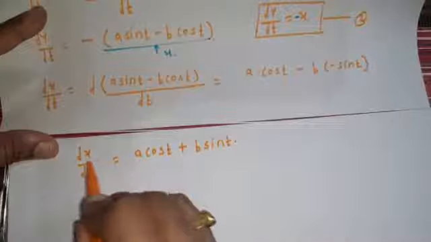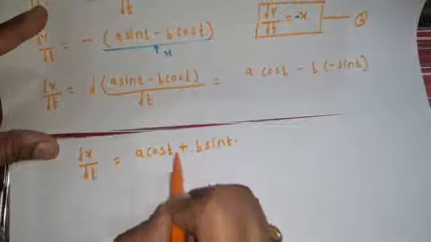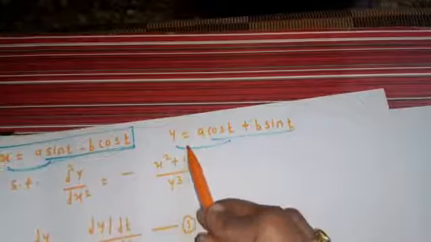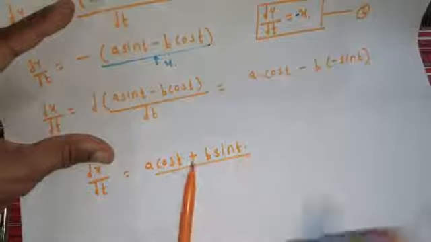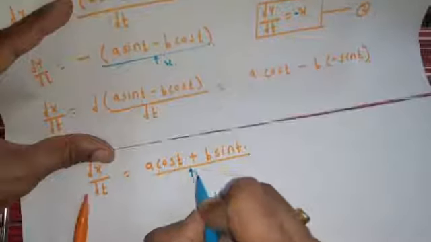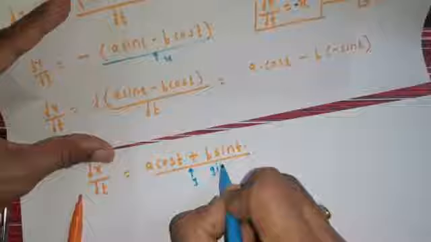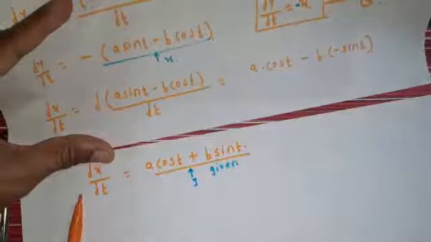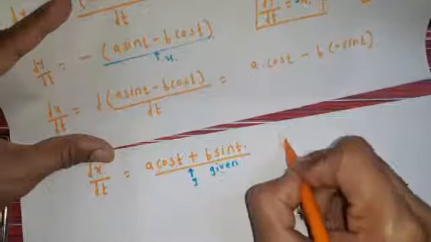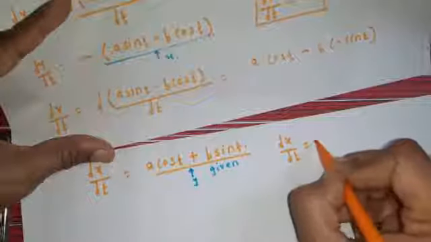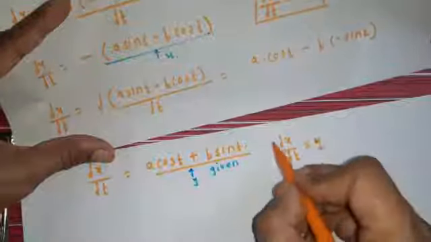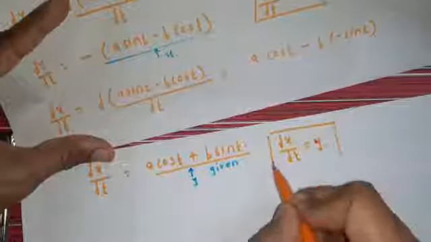If we observe, this value a cos t plus b sin t is the given value of y. Okay, students, this is the value of y from given. And therefore dx by dt equal to y, and this is the third one.